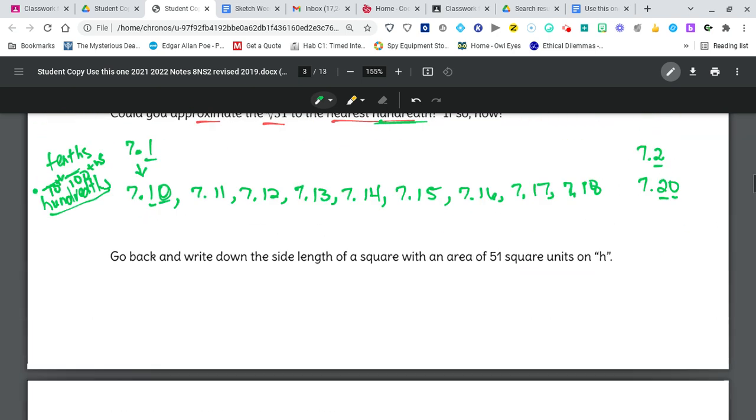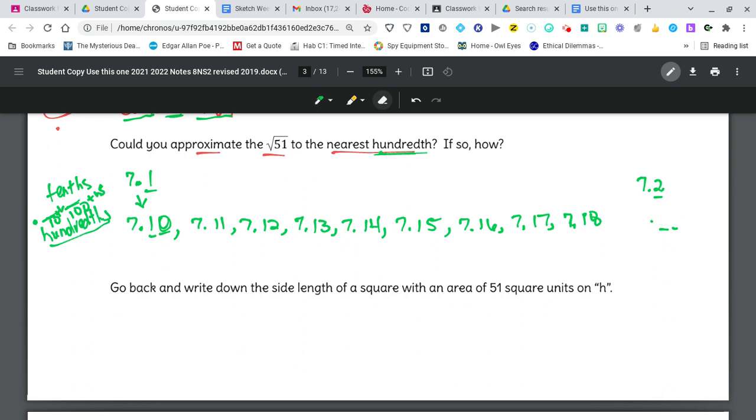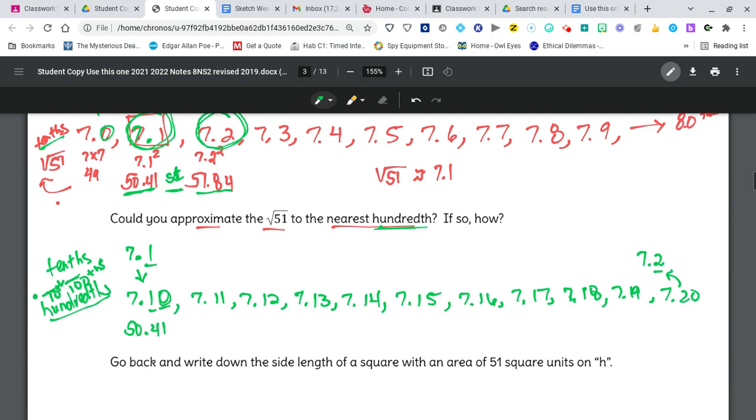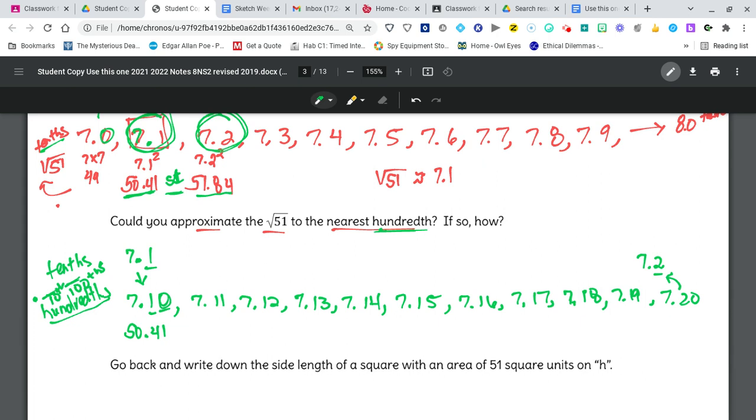Okay, I'm going to need a little more room. 7 and 19 hundredths, 7 and 20 hundredths, which is the same as 7.2. All right, so I already know 7.1 times 7.1 ended up being 50.41, but I'm trying to get as close as possible to 51.